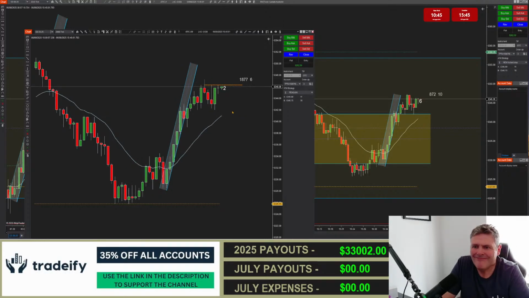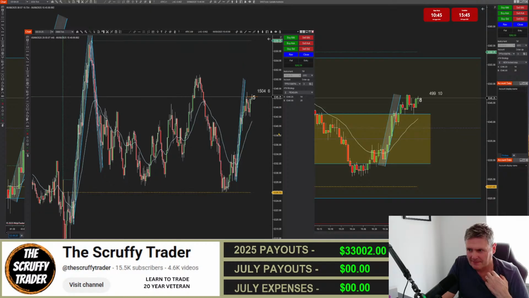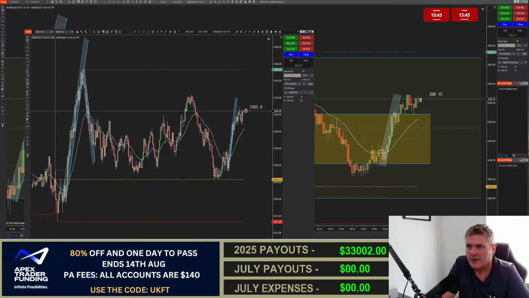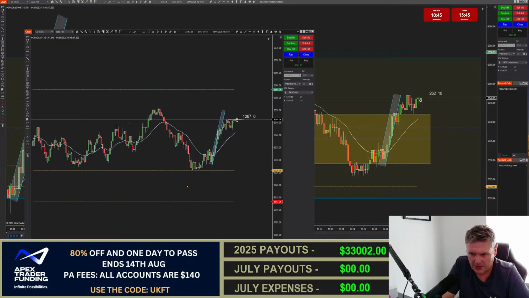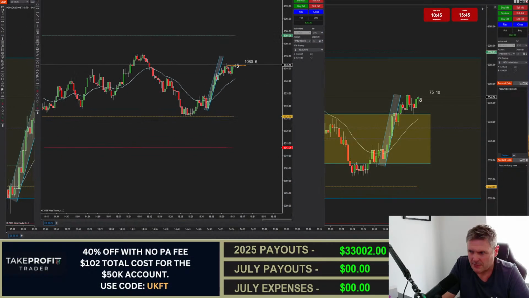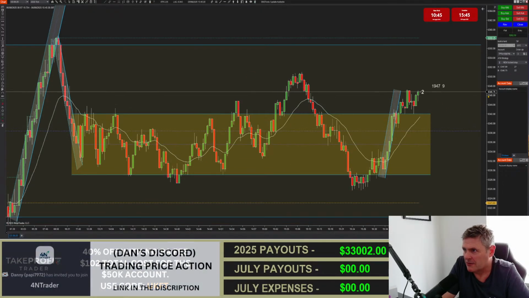I'll be surprised. No, it's just broken above it. So, see, that is the type of trade that Dan would take. Channel break, 2 pushes to a new high, lower high, short back to the EMA. But that's on my second chart. We didn't get it on here, so I'm guessing he wouldn't have done.